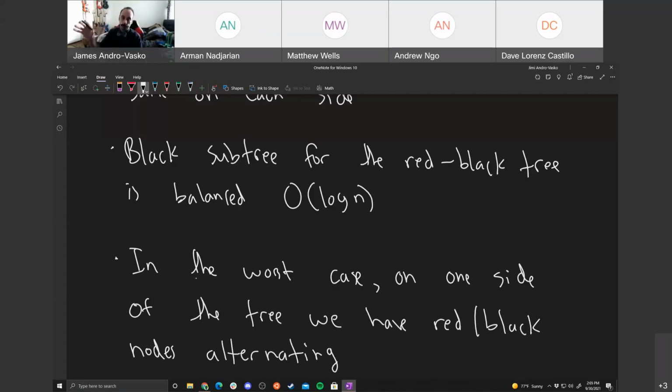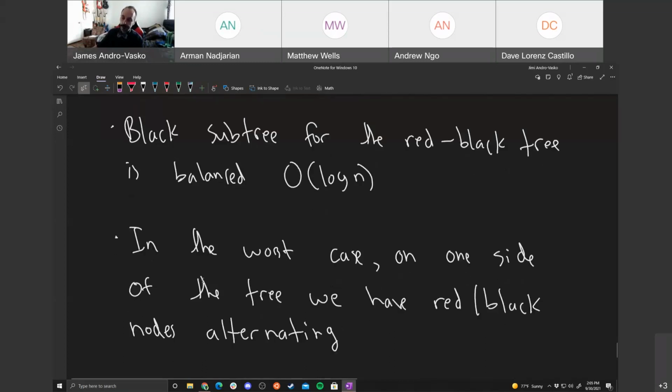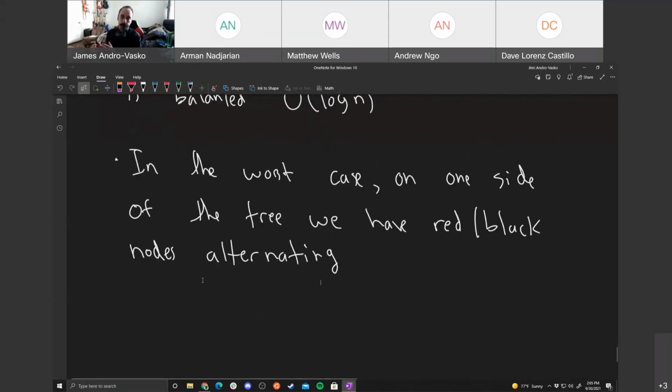So we have a black node, red node, black, red, like that. That means on one side, it could be double the height of the other side. We know the black subtree height will always be log of n, and in the worst case, we can't have back-to-back red nodes. So on one side, or even both sides, we're going to have this red and black alternating.